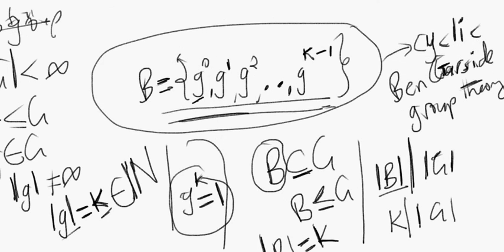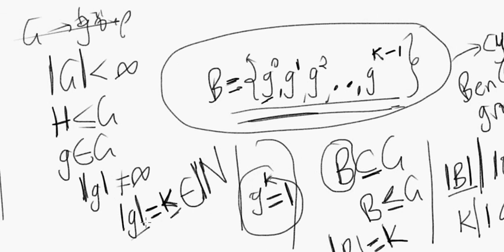But what was k originally? Well, k was actually the order of any element g in the group.